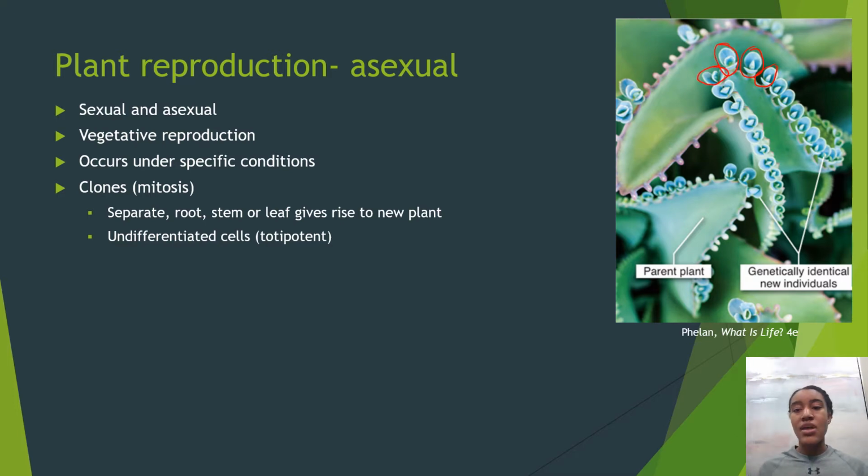Each of these buds is actually a clone of the parent plant. Once they fall off, or are blown off or knocked off, and they get to a substrate in another location, they will form their own roots and leaves and stems and become their own plant. But they're genetically identical to the parent plant they derive from.